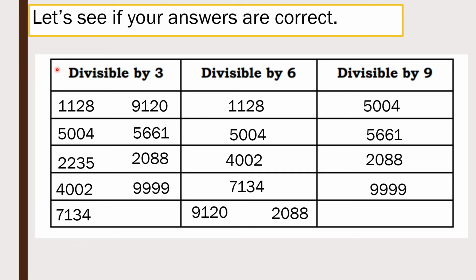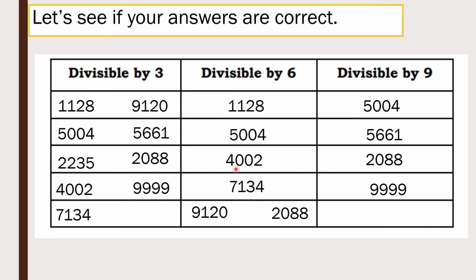Let's see if your answers are correct. The numbers that are divisible by 3 are 1,128, 5,004, 2,235, 4,002, 7,134, 9,120, 5,661, 2,088, 9,999.